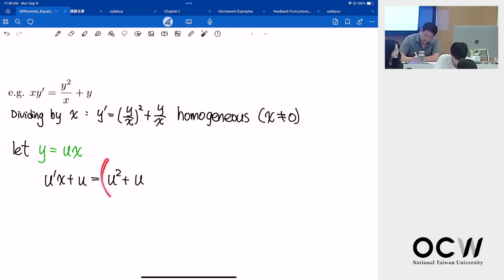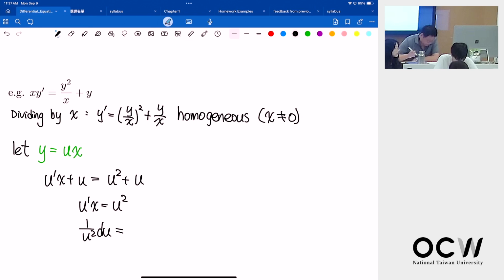Why u squared plus u here? Then you have u prime x equals u squared. 1 over u squared du will be equal to 1 over x dx.